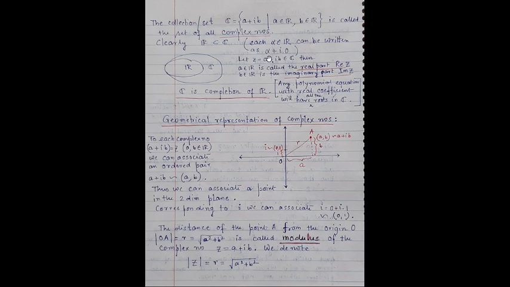So any real number can be written as a complex number of this form, alpha plus i into 0. So any real number is also a complex number. So the set of all real numbers, which was a very big set so far, is even a subset of the complex numbers. So the complex numbers are a much larger set than the real numbers.